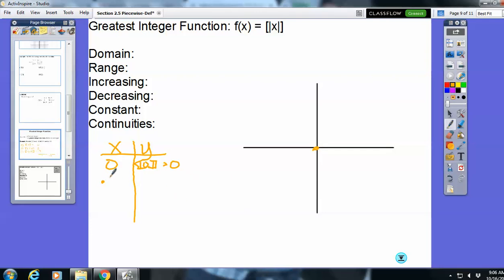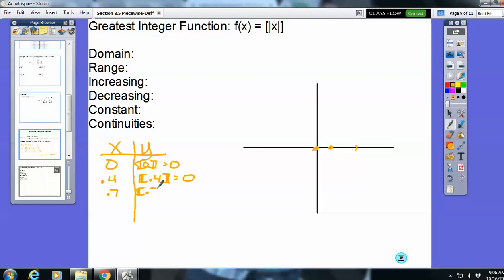Let's try some decimals. If I put in 0.4, what is the greatest integer of 0.4? So we still get out 0. So 0.4 is still giving me 0. What if I put in 0.7?